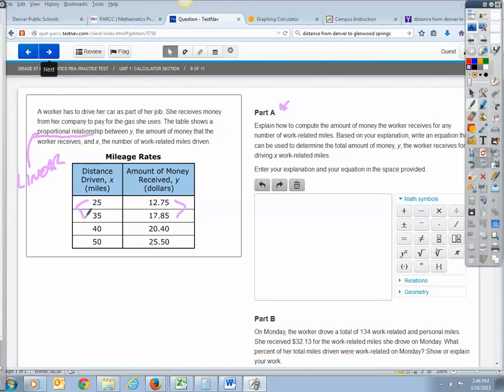So obviously, we're going up by 10 here. Here we're going up by 5. Here we're going up by 10 again. And so the difference here is going to be, well, that's 10 cents. And that's $5.10. The difference here is going to be hopefully half of that.